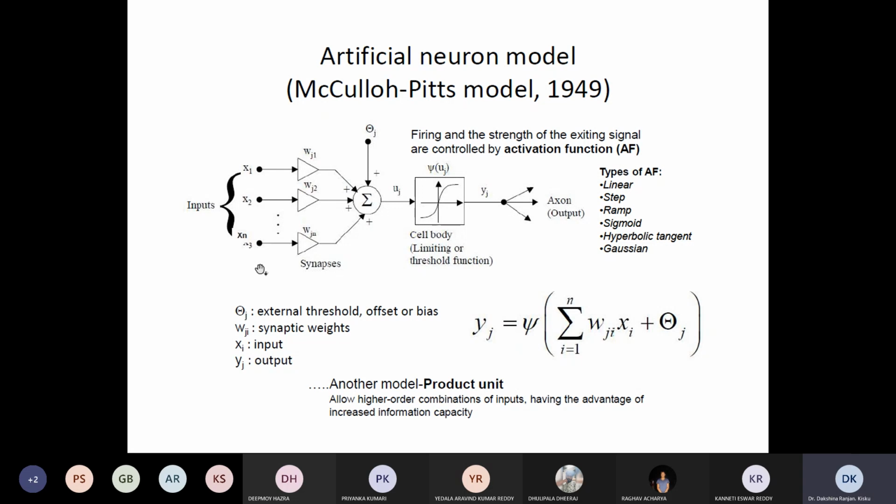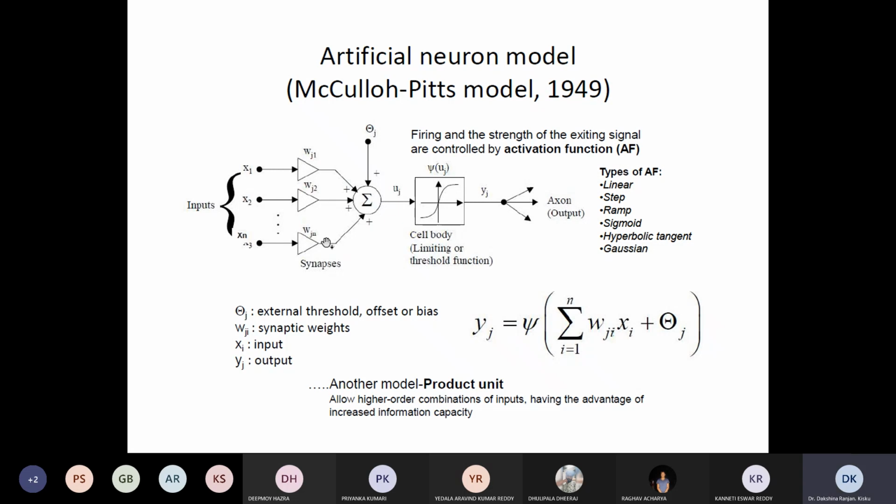In this model, the inputs are denoted by x1 to xn, and wj1 to wjn are nothing but the weights.